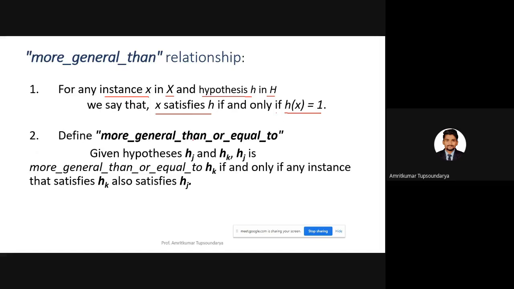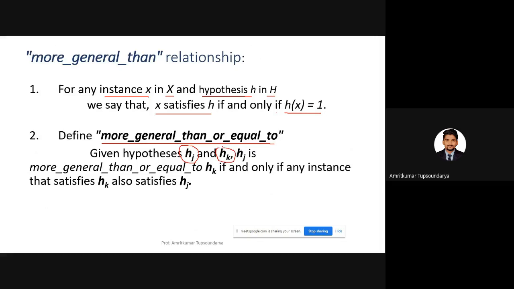So, having said that, we now have to define the more general than or equal to relationship. Now, this more general than or equal to relationship is defined in terms of the set of instances that satisfies the previous two hypotheses, what we have shown in the previous slide. Right? Let's say we have two hypotheses Hj and Hk.